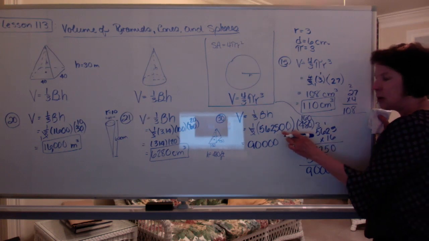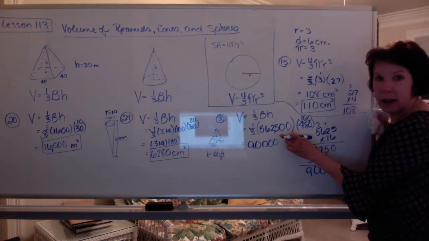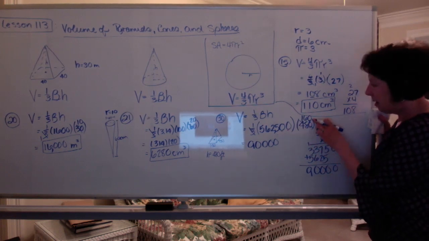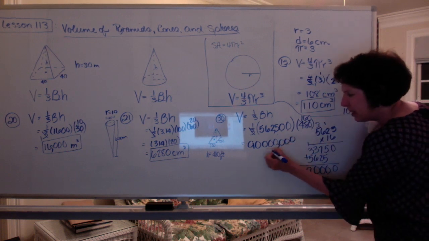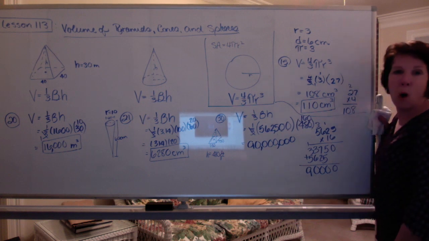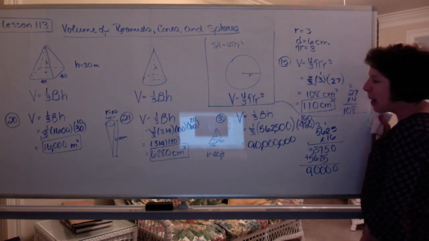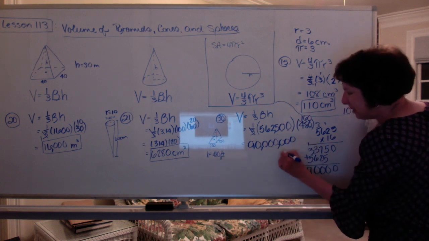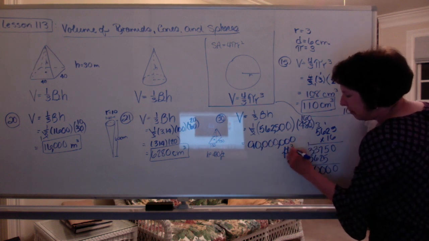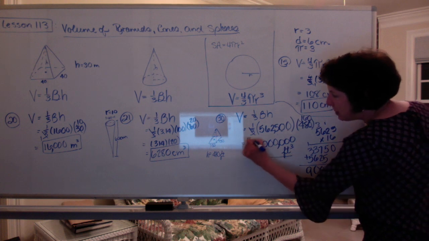But how many more zeros did I have to add on? 1, 2, 3. Okay, let's put our commas in and see where we are. Whoa, 90 million, and then my units are in feet, so that's going to be feet cubed.